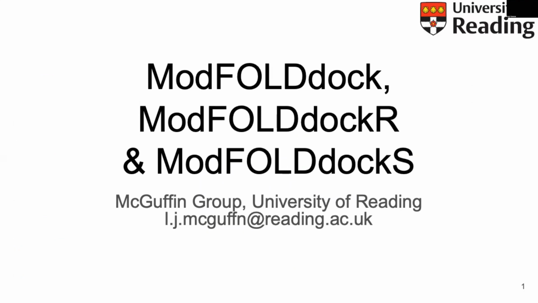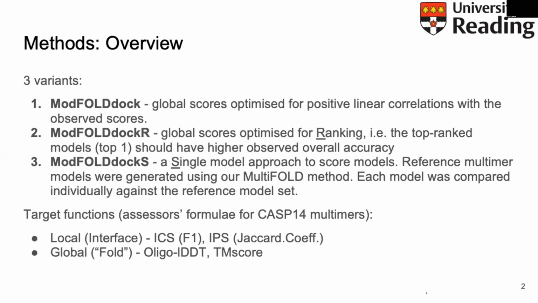So we developed 3 different variants of ModFOLDdock. They were optimized for different facets of the model quality estimation problem. First, we have ModFOLDdock, and these global scores were optimized for positive linear correlations with the observed scores.